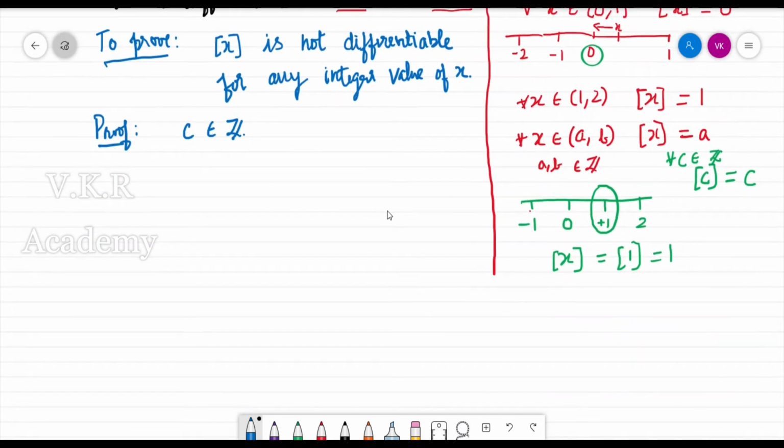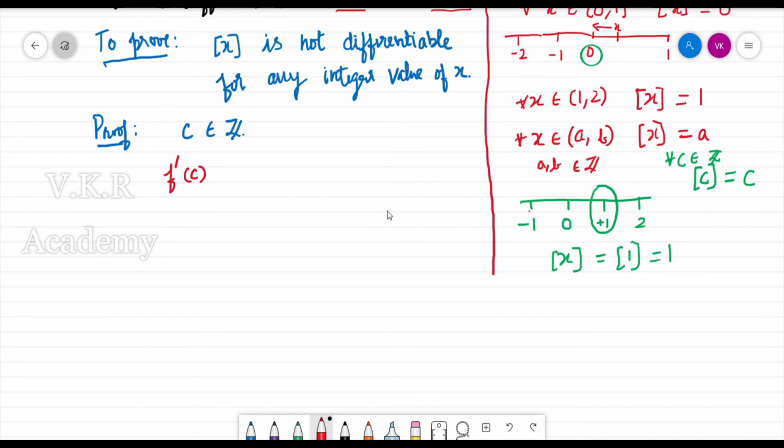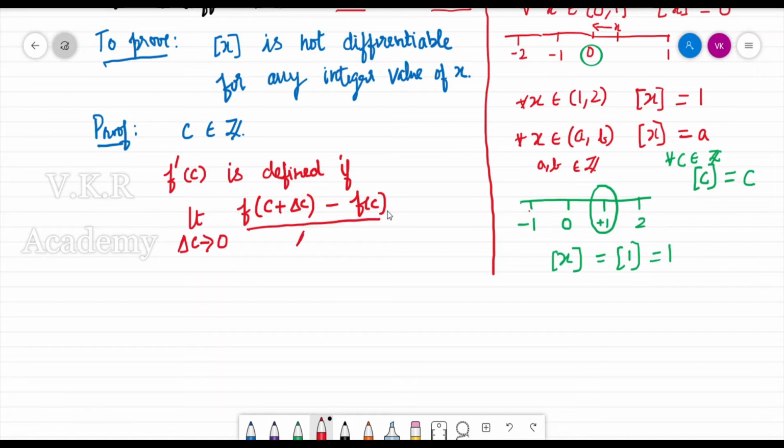By definition of derivative, we know f dash of c exists, f dash of c is defined, if limit for a small incremental value of c called delta c, limit delta c tends to 0, f of c plus delta c minus f of c by delta c exists.